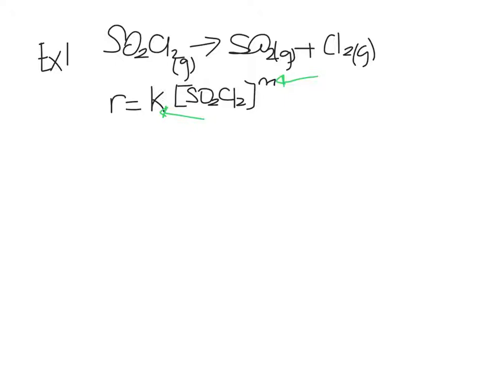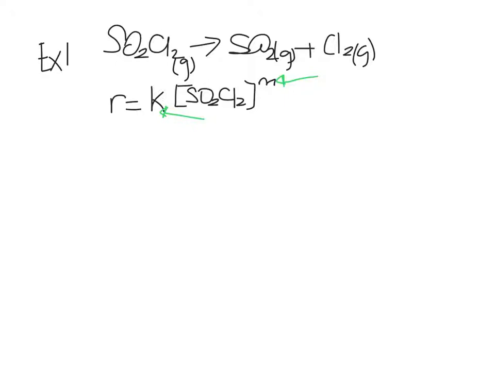So what you do is you compare two different experiments where you have changed the concentration of your reactant. So in this case, let's just try experiment 2 to experiment 1.